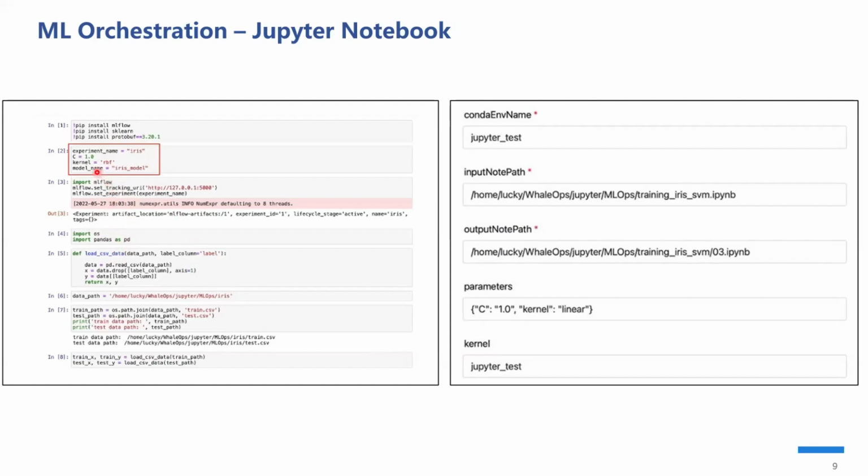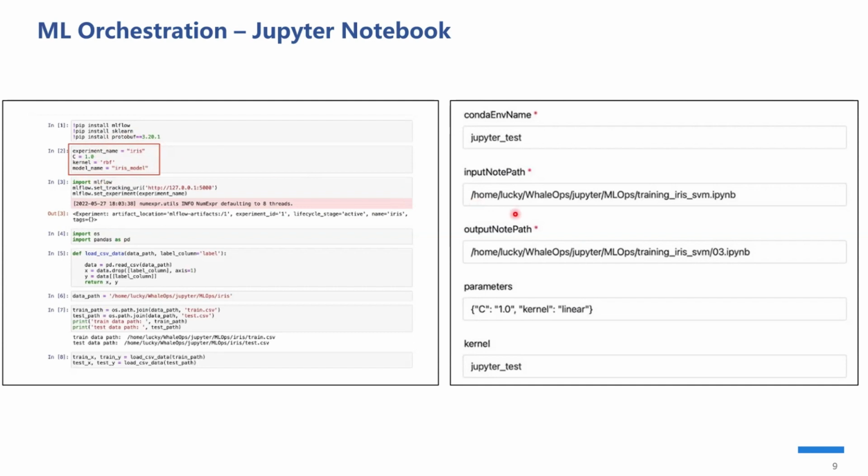From the left side, there are 4 parameters: experiment name, the C value, the kernel value, and model name. This means these parameters can be injectable.